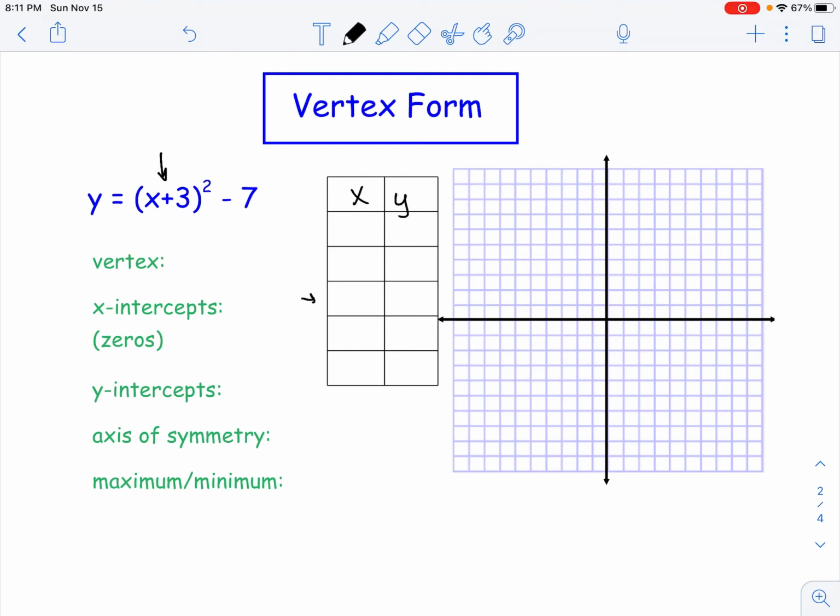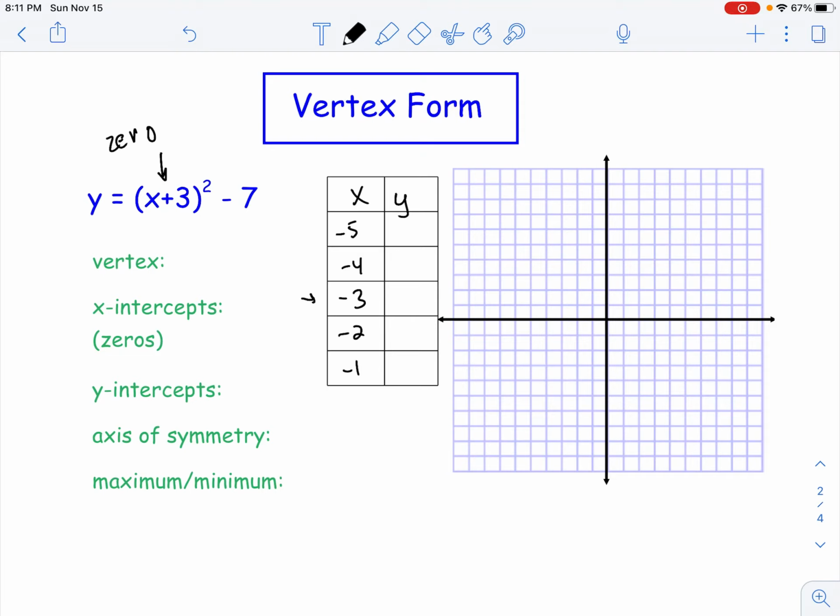We're going to pick whatever makes this equal to 0. Whatever makes the inside of the parentheses 0, and that's going to be -3, because -3 plus 3 is 0. That's going to go in the middle of our table, and then we're going to pick some numbers around there: -4, -5, -2, and -1.